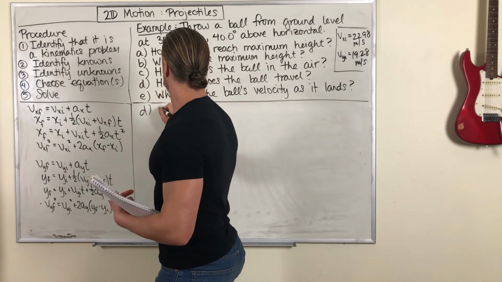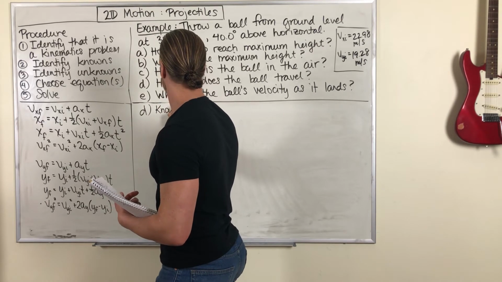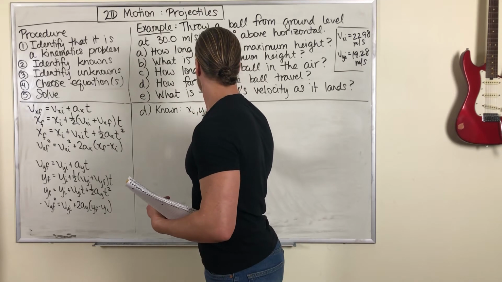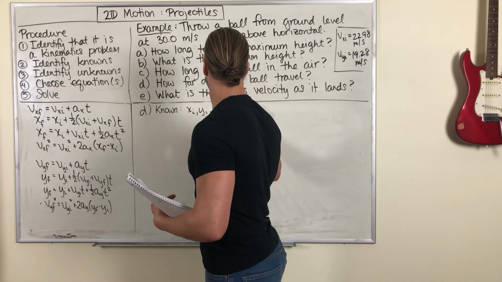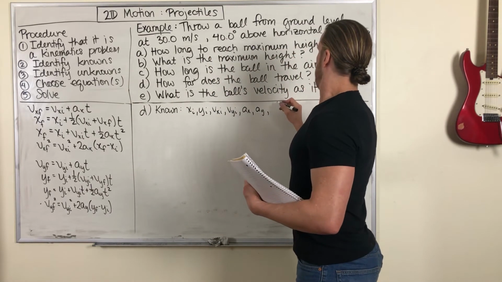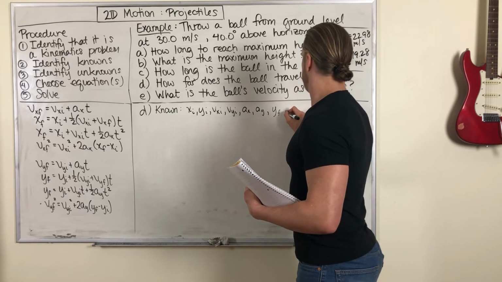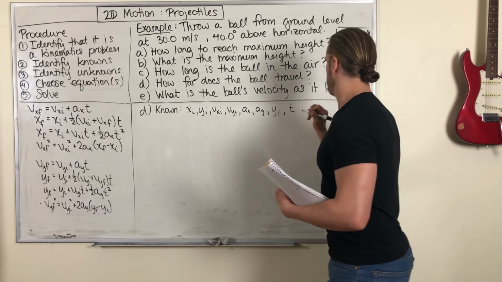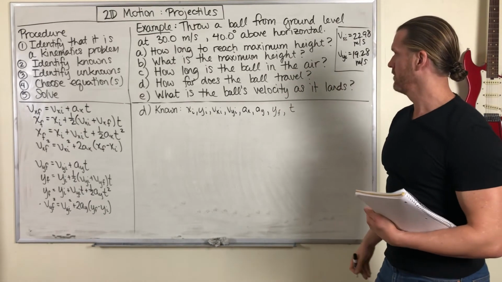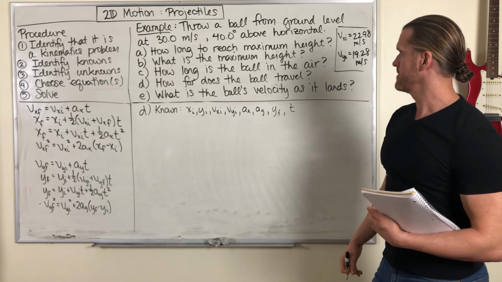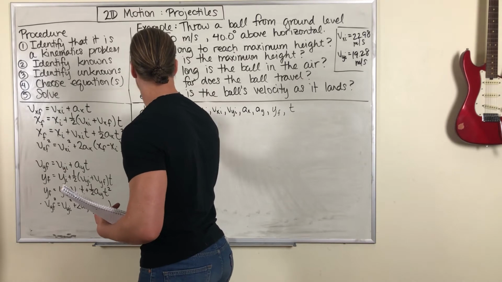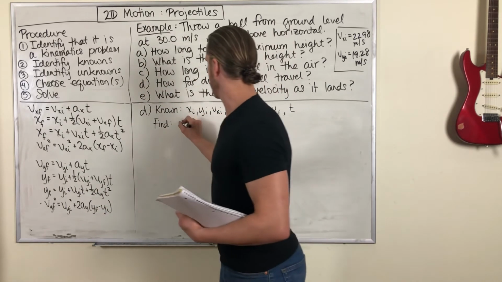We know it's kinematics, and we know a bunch of quantities: x initial, y initial, vx initial, vy initial, ax, ay, y final, and the time, because we just got the time from part C. It's the same time from part C. Unknown, the thing we're trying to find, is x final.